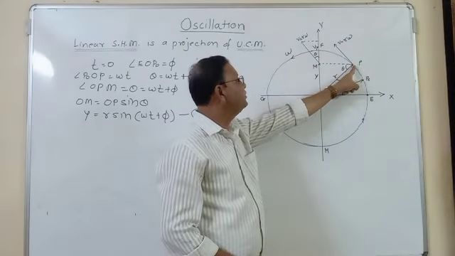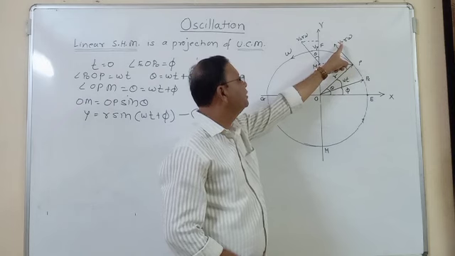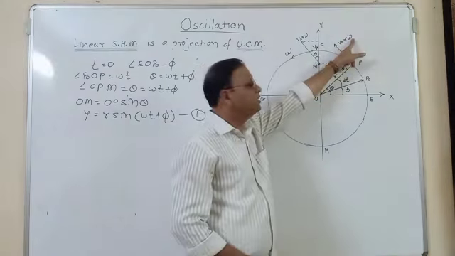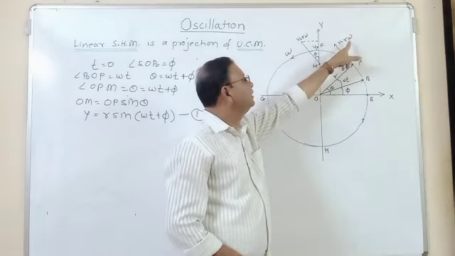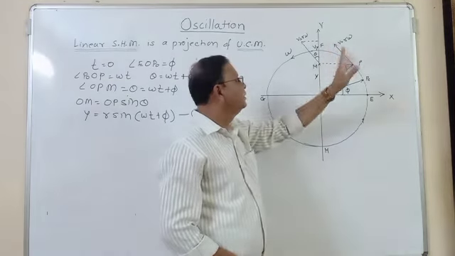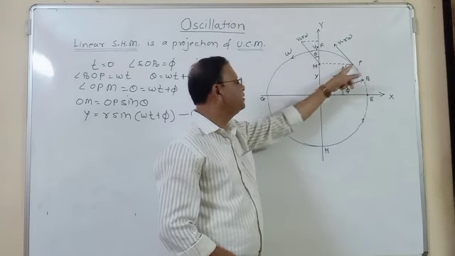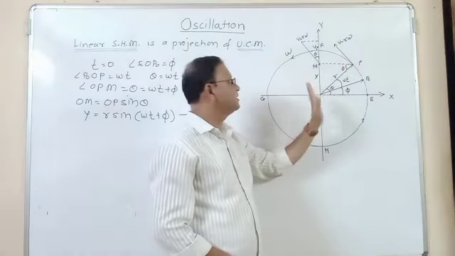This tangential velocity is given by the formula v is equal to r omega, where omega is the angular speed and r is the radius. So this is a velocity vector which is tangential to the circular path, that is perpendicular to the radius.